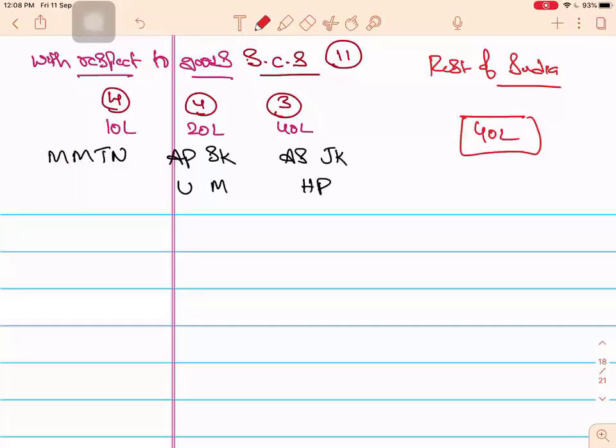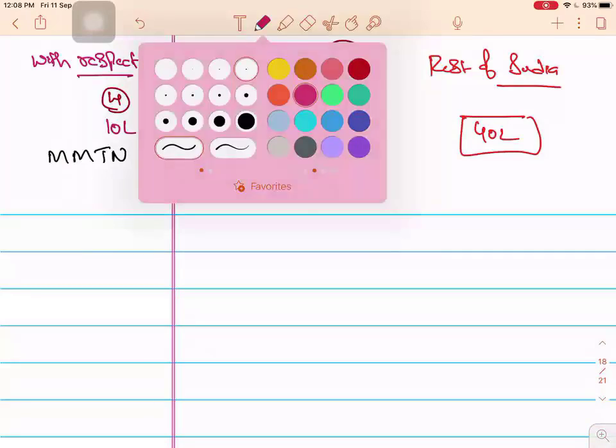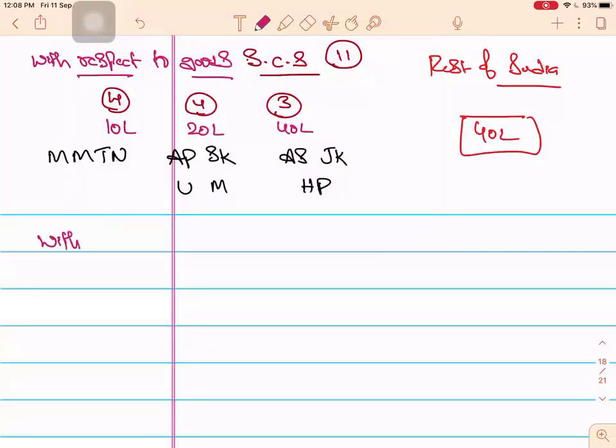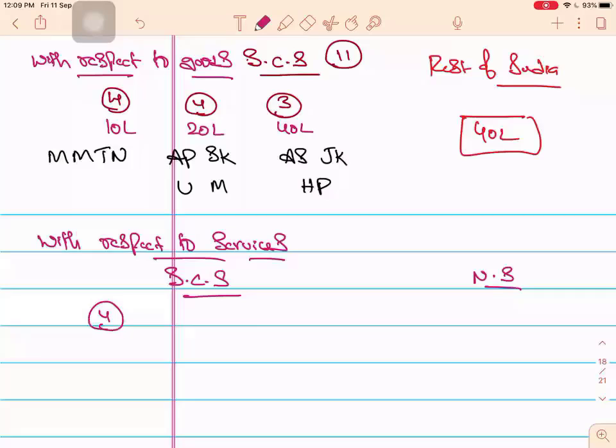And what about with respect to services? With respect to services, there are only two categories: special category states and normal states. Among special category states, they are divided into 4 and 7.